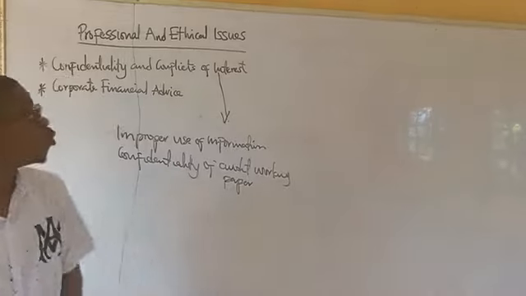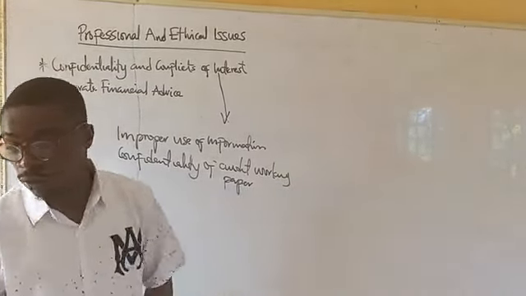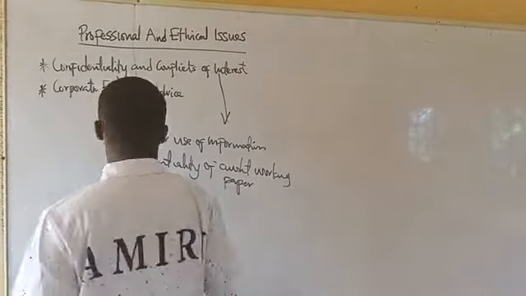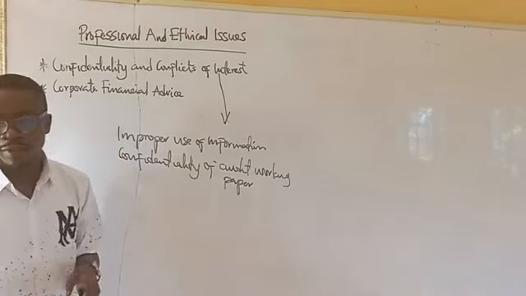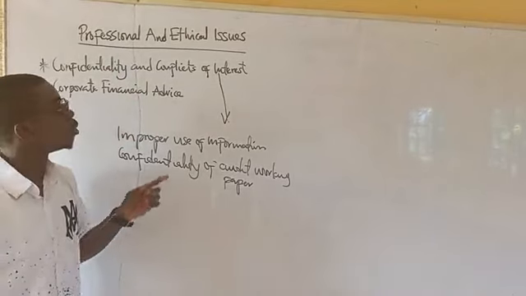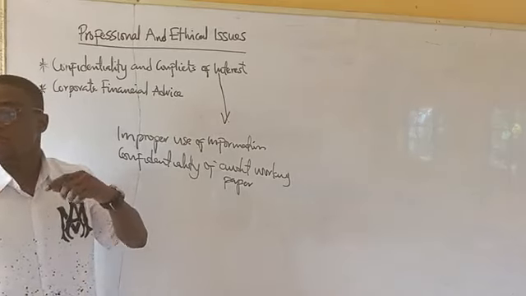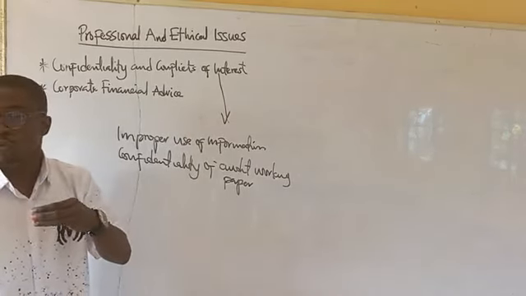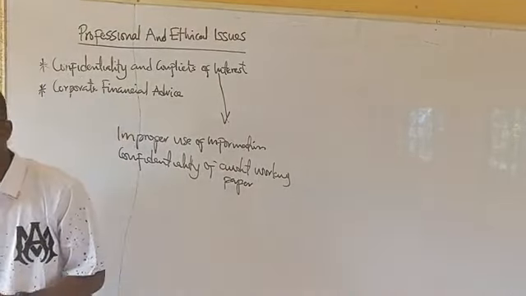Now let's move to conflict of interest. We have treated confidentiality. Let's now move to conflict of interest. Now, because the video was skipped during that time, on improper use of information, we say that auditors should not misuse information at their disposal.